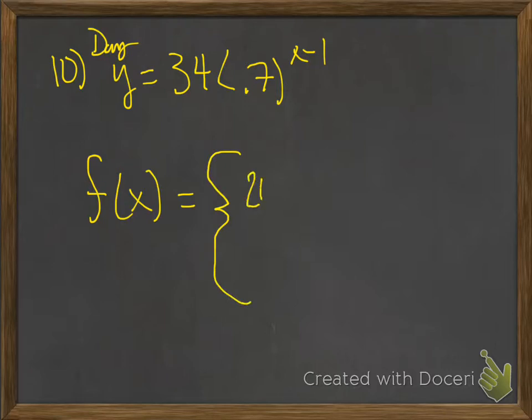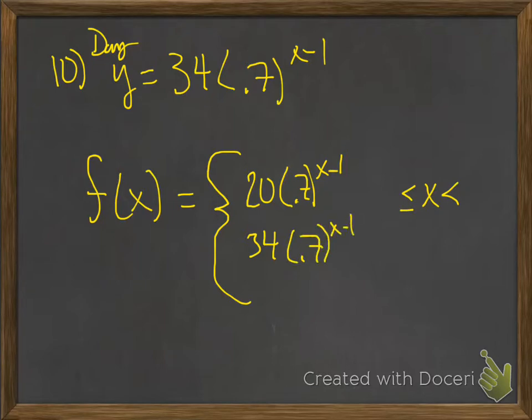We had 20 times 0.7 to the x minus 1, with a restriction from when to when. Now we're putting in 34 times 0.7 to the x minus 1, and we have to put in from when to when.